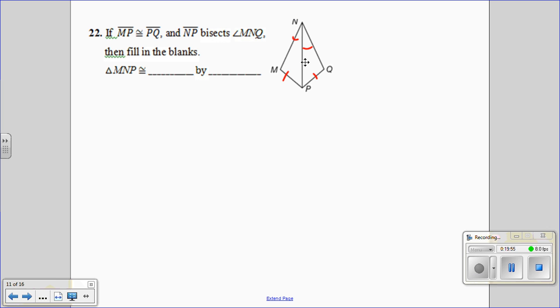I'm sorry, we know that there's a hidden side congruent. I apologize. The side that is shared by both, which is NP. So let's mark it with a double tally. So we have one angle and two sides in both triangles. Since the provided angle is not included between the two sides, we have to say these two triangles are not congruent.